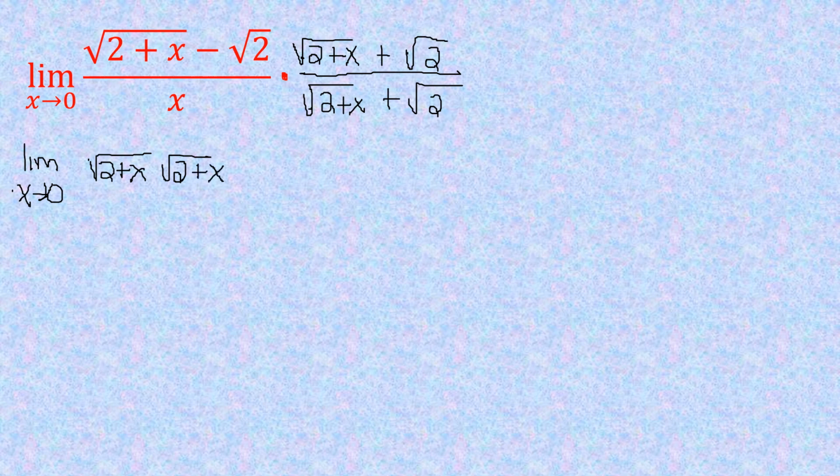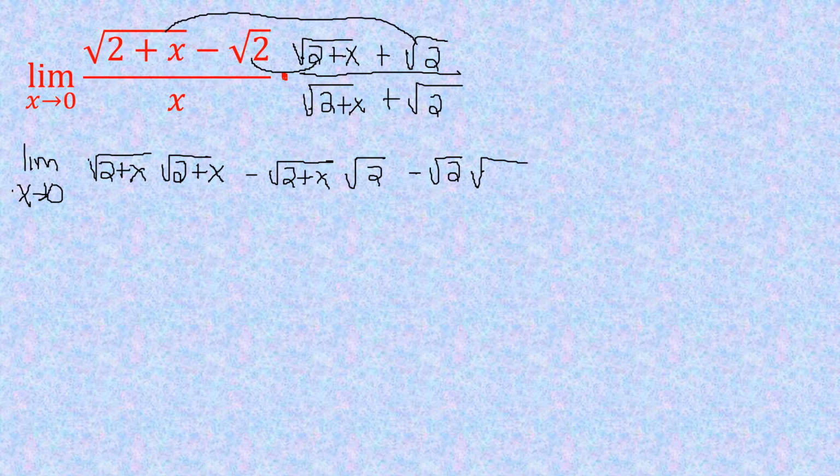Outside, I'm going to multiply the outside terms, which give me radical 2 plus x times radical 2. And then inside would be these two together, so that would be minus radical 2 times radical 2 plus x. And then last would be minus radical 2 times radical 2.